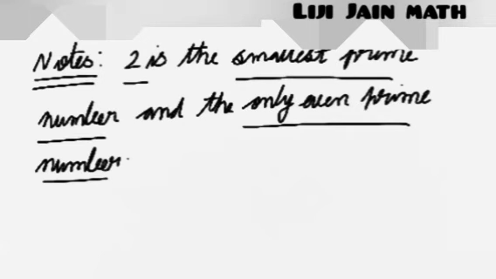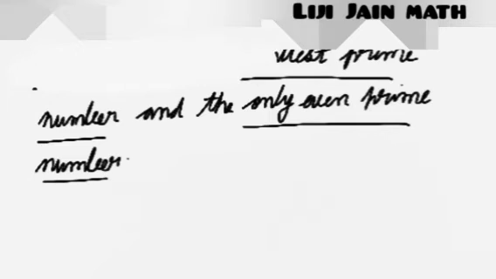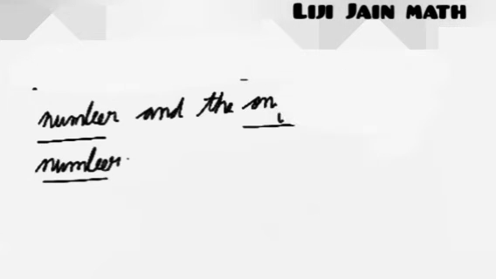Now let's discuss the case of composite numbers. Roman number 2, composite numbers. What is meant by composite number? Numbers having more than 2 factors are known as composite numbers.